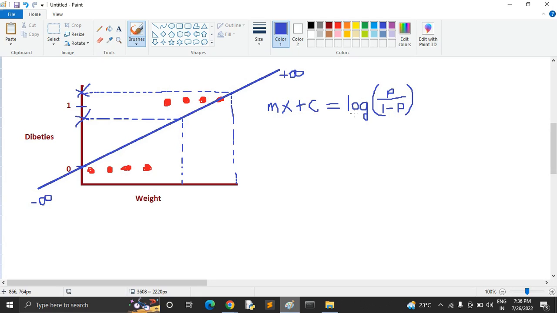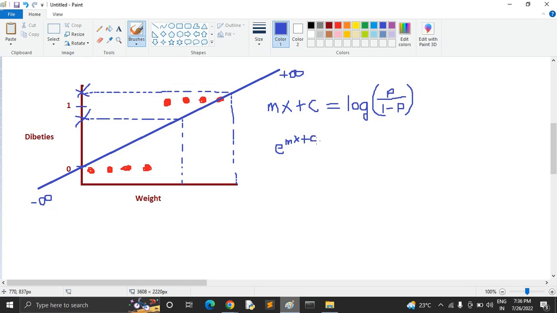In order to remove this log from here, we need to add an exponential term. So I will be adding the exponential term, e to the power mx plus c.